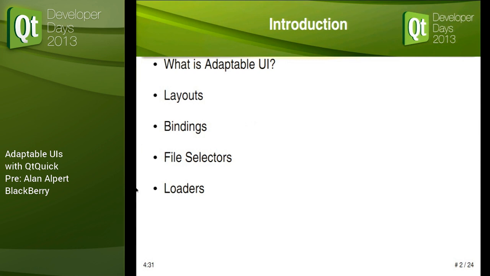So first we will have to go over slightly what adaptable UI means, and then the 4 key things that I'm going to talk about on how to implement an adaptable UI are layouts, bindings, file selectors, and loaders. Layouts themselves are new in 5.1, and file selectors are new in 5.2. Some of the things being used with the bindings and loaders also tie into these, so even those have been improved in Qt 5.1 and Qt 5.2.